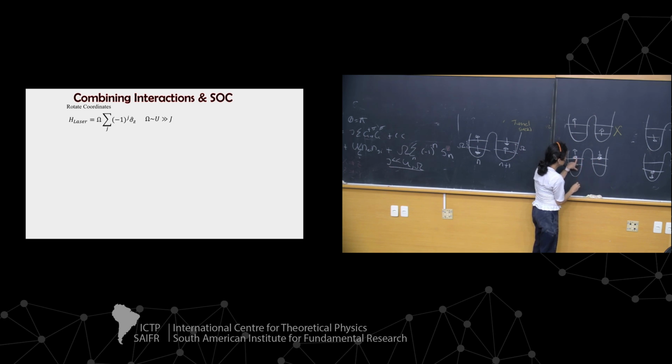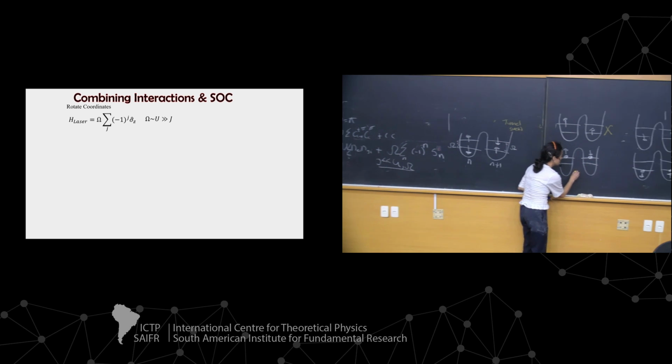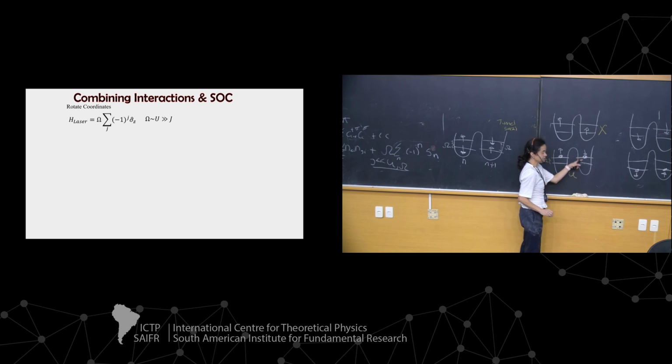Remember, this is the only way that this can tunnel. So let's say the initial energy of the state is 0. What is the energy of the intermediate state when this tunnels here? I'm going to increase the energy by U, but I'm going to decrease the energy by omega.